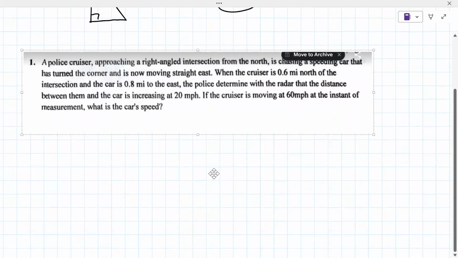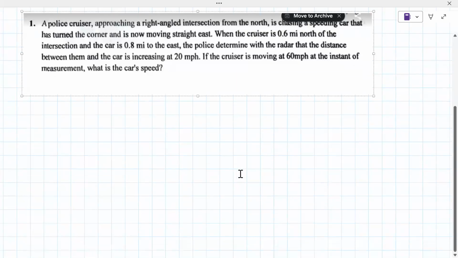A police cruiser approaching a right angle intersection from the north is chasing a speeding car that's turned and is now moving straight east. When the cruiser is 0.6 miles north of the intersection, the car is 0.8 miles to the east. The police determine the distance between them is increasing at 20 miles per hour, the cruiser is moving at 60 miles per hour.